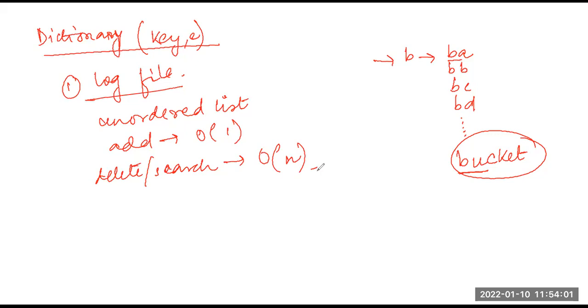Suppose student 12 comes and says, ma'am, will you check whether I have submitted my assignment or not? Since it's an unordered list, I will have to search through all the files submitted one after the other in my log file. So this was the concept of the log file, where addition takes place in constant time, but deletion was not okay. Again, I will have to be dependent on my value of n, right?